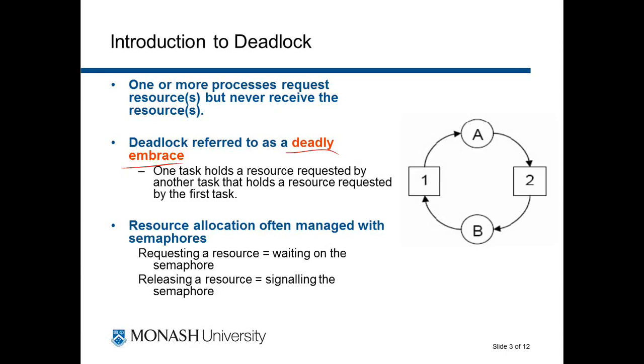So task 1 holds one vital resource, task 2 holds the second vital resource. Task 1 needs task 2's resource, task 2 needs task 1's resource. No solution to the problem, unless someone times out and gives it back. And this is basically your most common problem with semaphores.